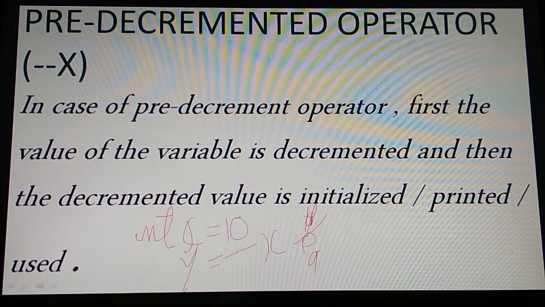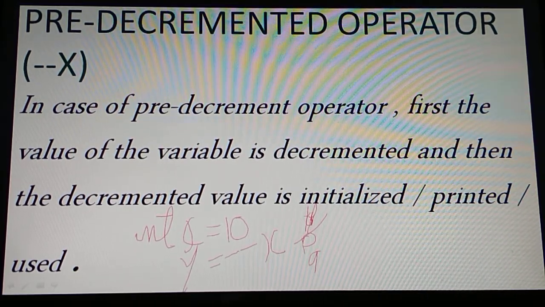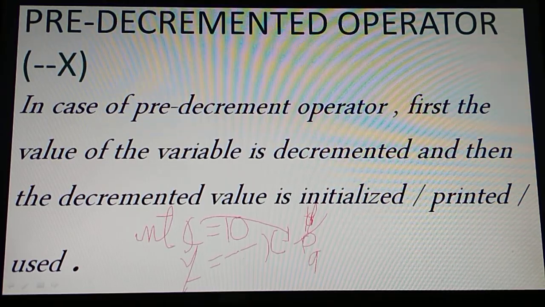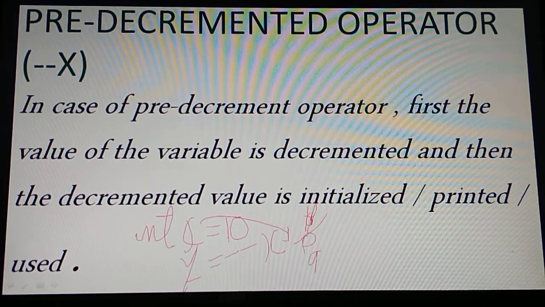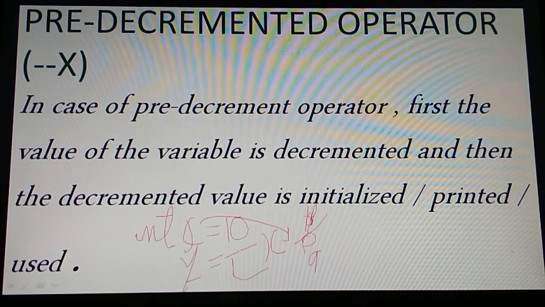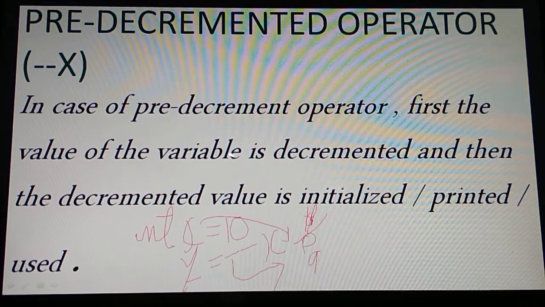Why? First x equals 10, so x is printed here. Then y's value is printed, so y equals minus minus x. First 10 is decreased and then the value of y is printed. That's why y equals 9 and x equals 10.